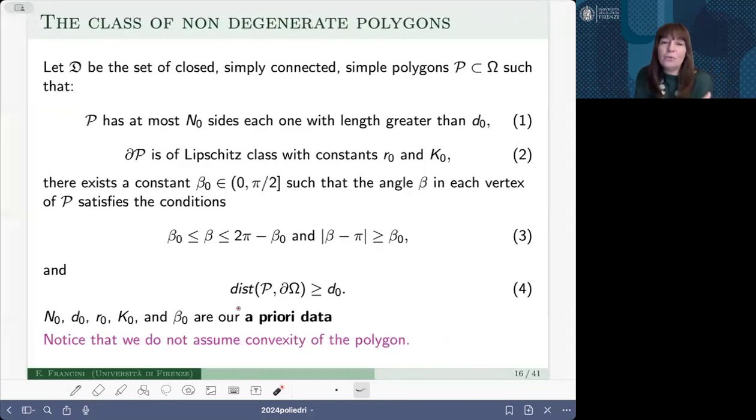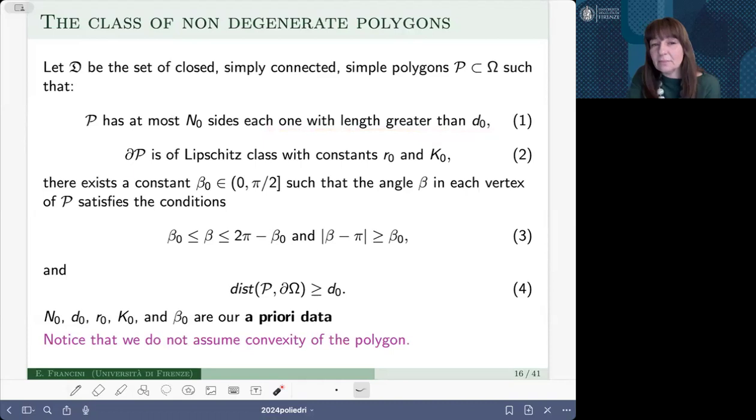So first of all, we need to put some assumptions on our polygons. The idea is that we want the polygon not to be degenerate. So we will put a bound from above on the number of sides that the polygon has. We will also assume that each side has length greater than a positive number.